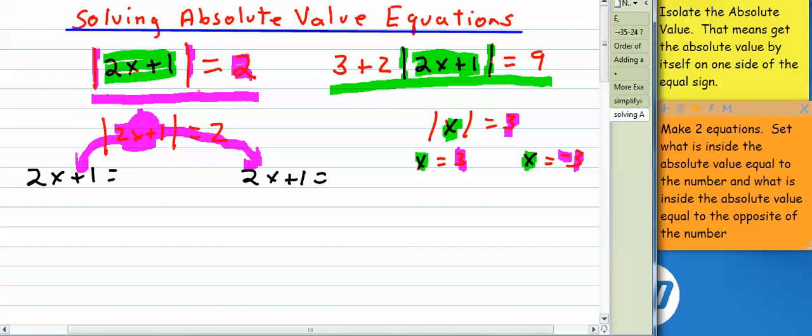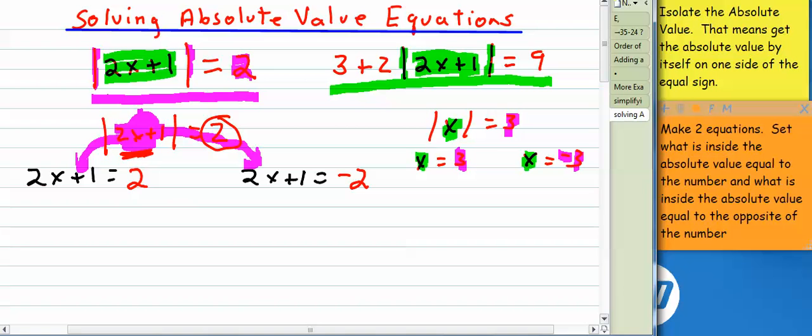Then, we take this number right here, and we write it here, and we write the opposite. Either what's inside here has to equal 2, or it has to equal negative 2.